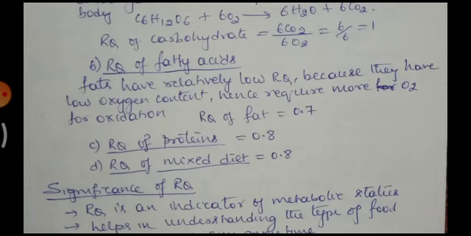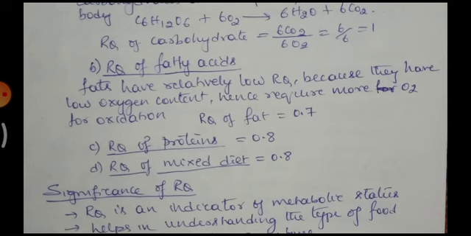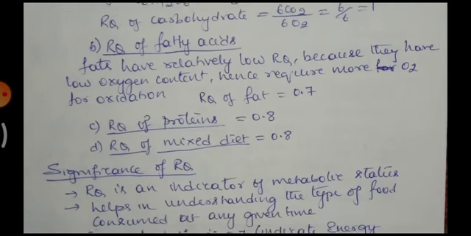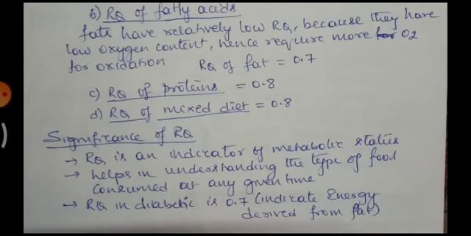For 6 CO2, the oxygen consumed will be 8 or 10, so more oxygen is consumed. The RQ value of fat is 0.7, the RQ of protein is also near to fatty acids at 0.8, and for a mixed diet of carbohydrate, protein and fat, RQ is equal to 0.8.